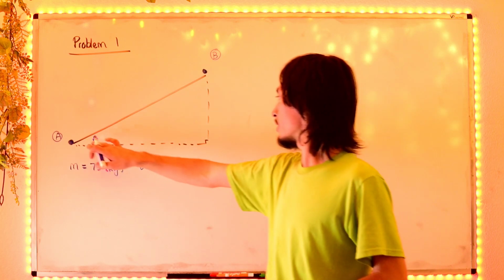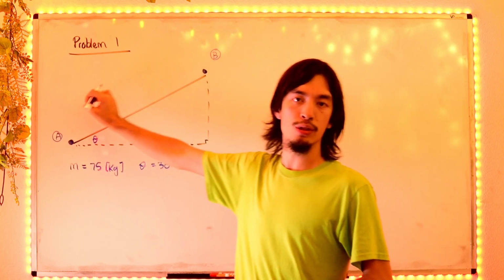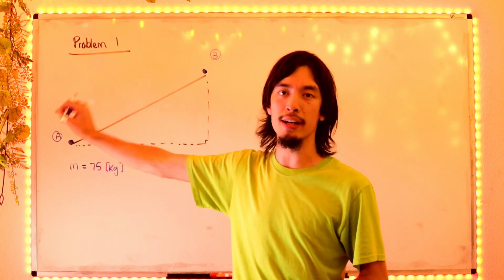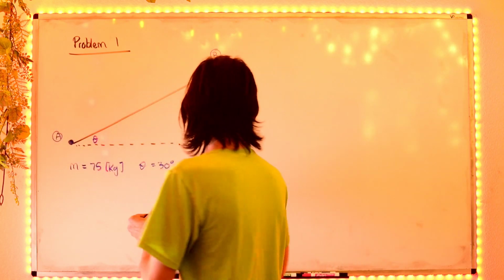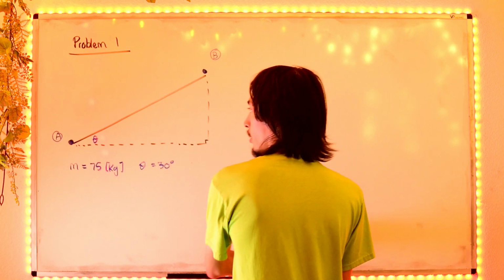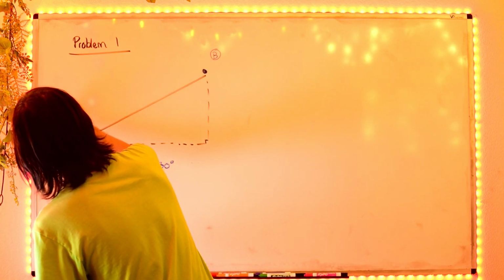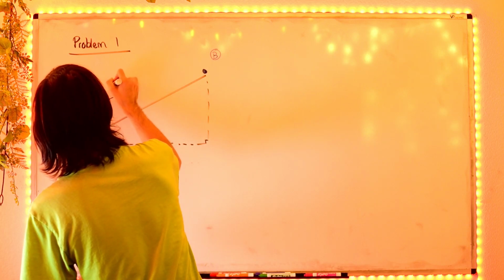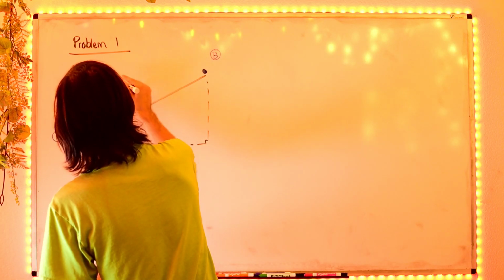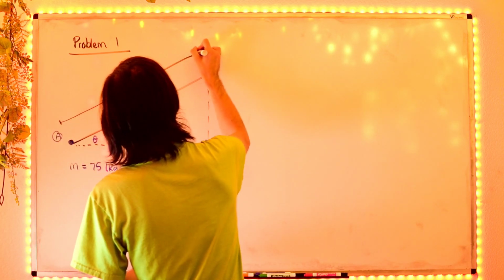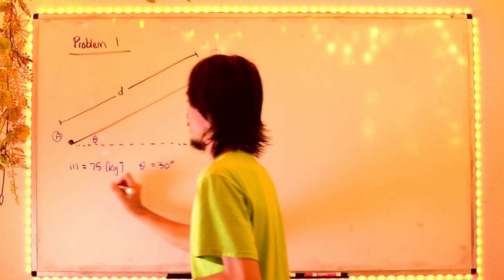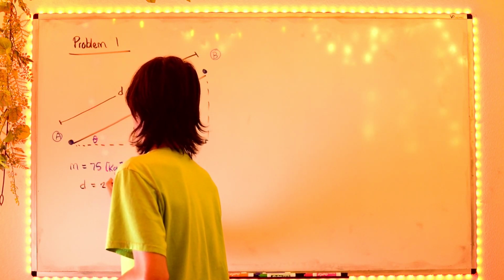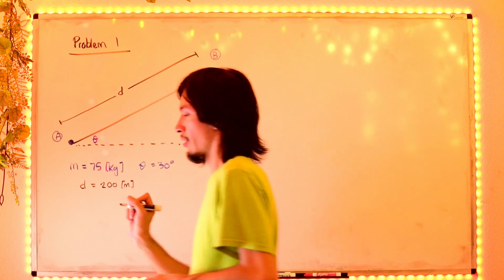The path is along the diagonal, so we know that the length along the hypotenuse is 200 meters. Let's call this distance d, and the value of d is 200 meters.